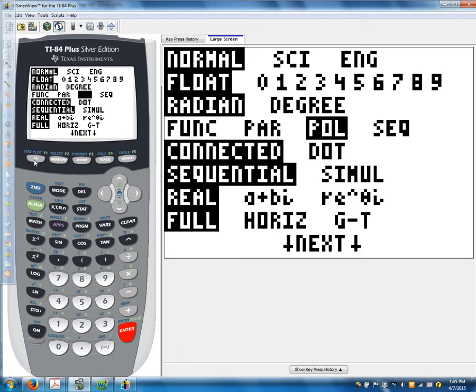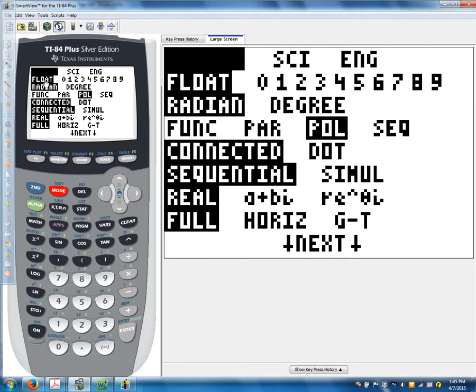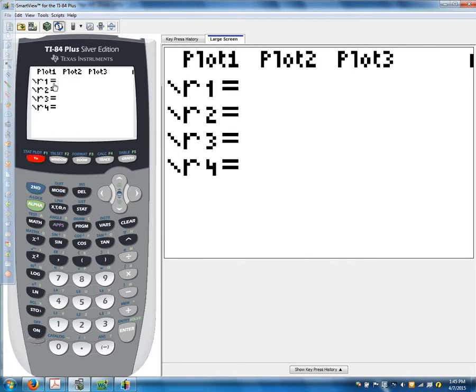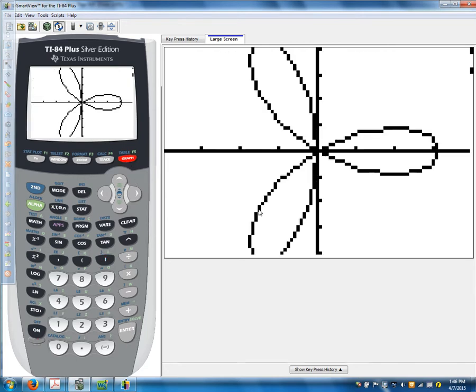And then in your y equals window, instead of y equals, you get r equals. And you want to make sure your mode is in radians. So I'm in radian mode. And I can say r equals 5 cosine 3, and then instead when we press this X button here, I get a theta. And then I can graph that. And I get a nice rose curve.